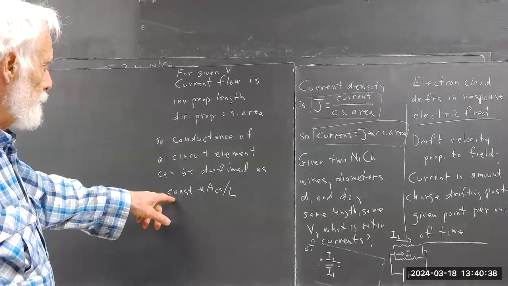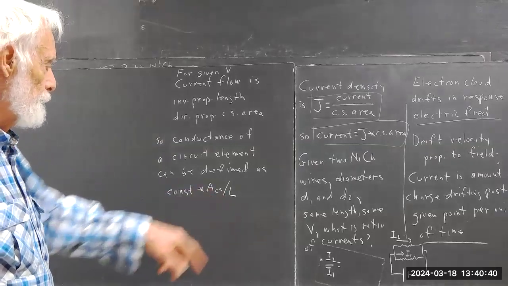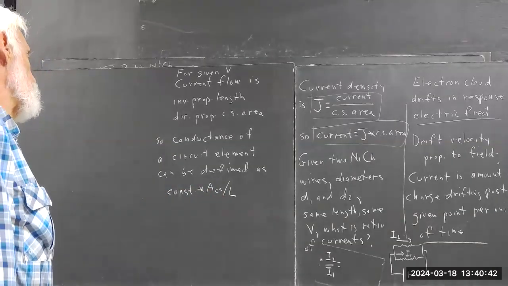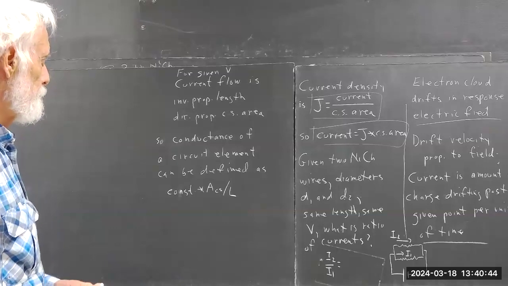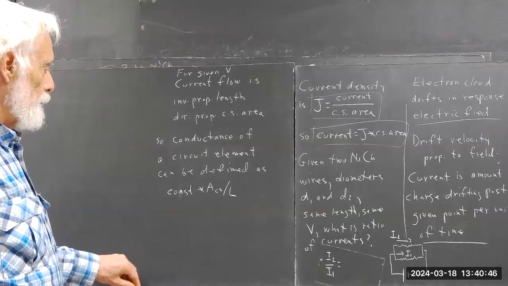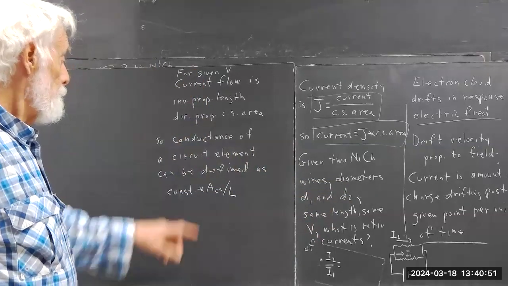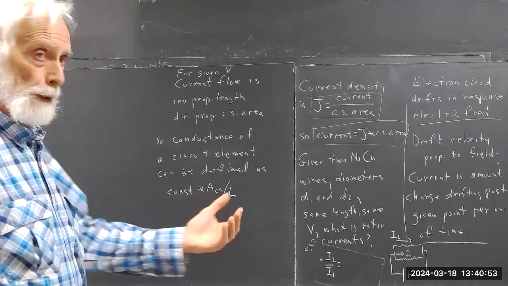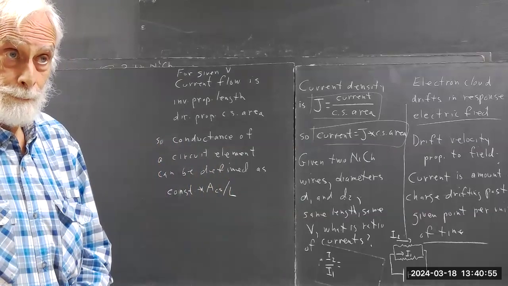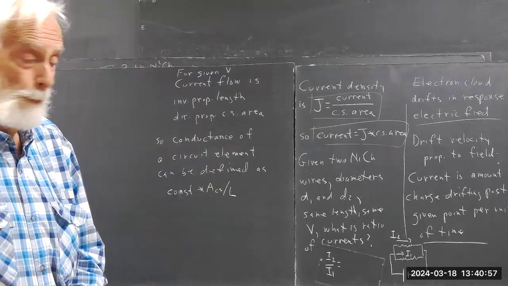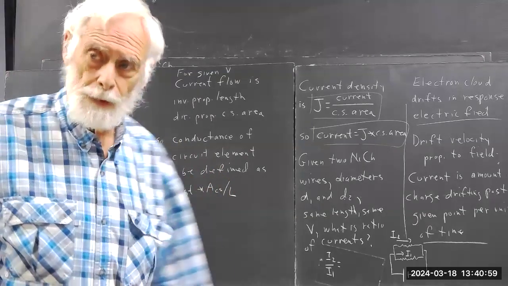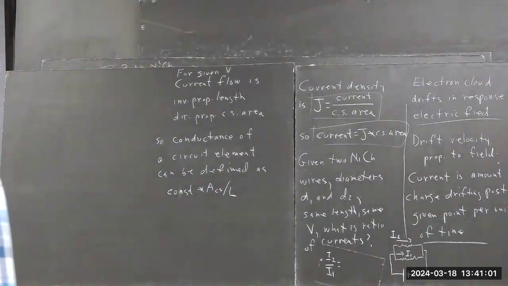Conductance could be defined as constant times cross-sectional area divided by length. A lesser length is going to tend to conduct more for a given voltage. A greater cross-sectional area is going to tend to conduct more. Okay, now there's a symbol for this, and I should have looked at the symbol.